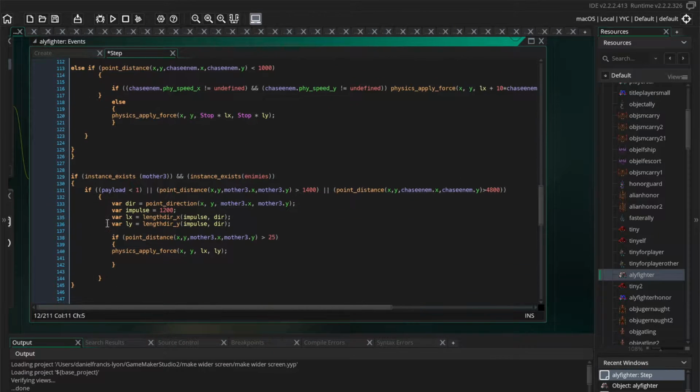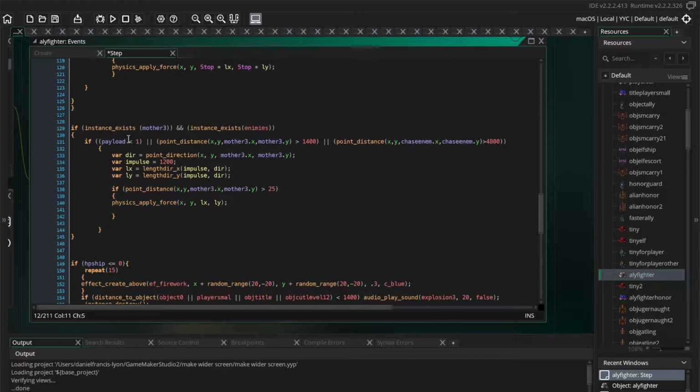Instead, if payload is less than 1, and I also put if instance exists mother, because I'm going to call the variable mother, check the distance, go towards the mother. So if mother doesn't exist, and I try to go towards my mothership, I'm calling a variable that does not exist, and the game crashes. You don't want the game to crash just because your mothership got blown up. So only call this if the mothership exists.